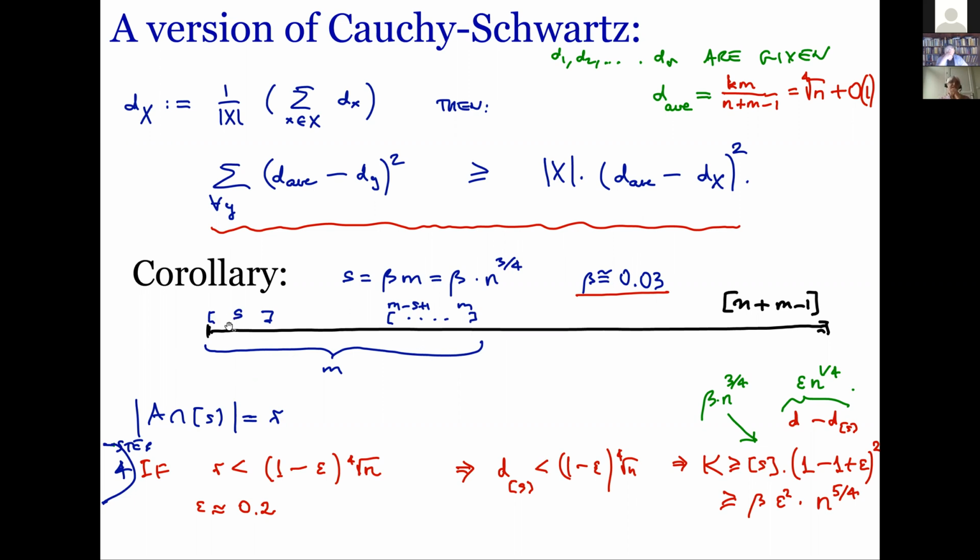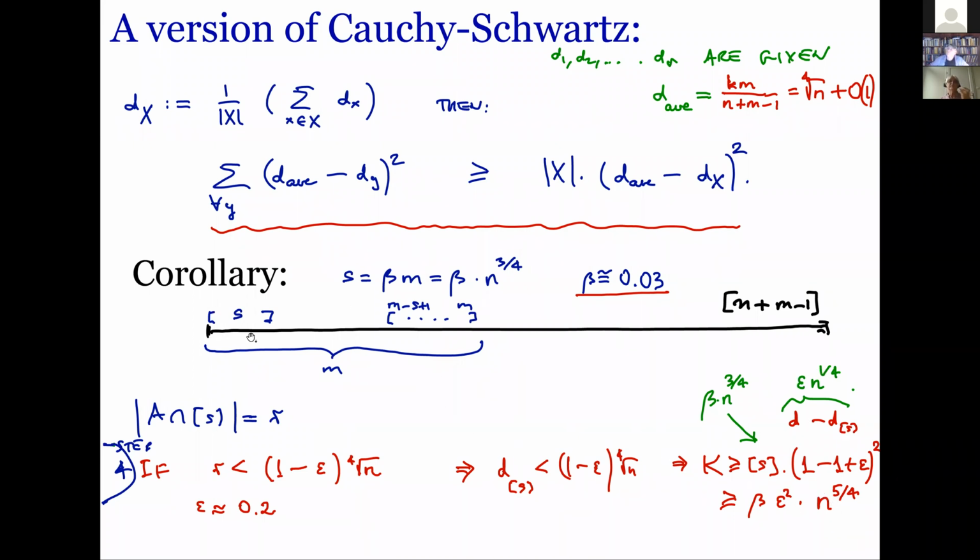But we separate the first 3% of it. And because we wanted a positive fraction, this beta is 3%. So if in the first 3% the degrees are small, then we got a large variance.